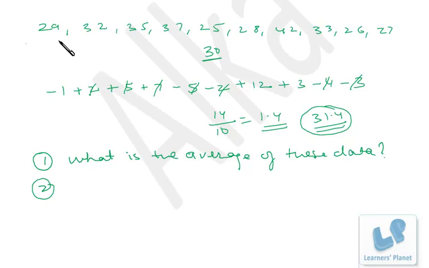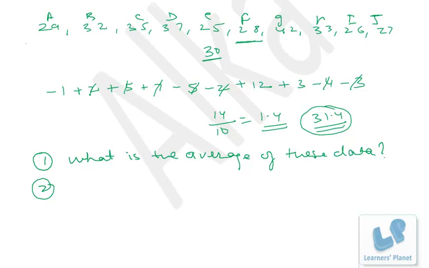Suppose these are the 10 persons, maybe A, B, C, D, E, F, G, H, I, J, right? Now the question is, suppose I talk about F. F is getting what percentage of marks among all? If we add up all the data, 28 is what percent of that?